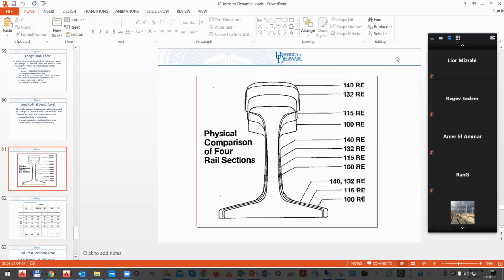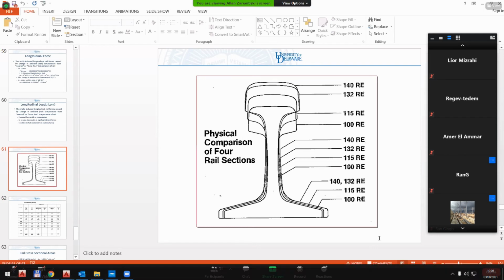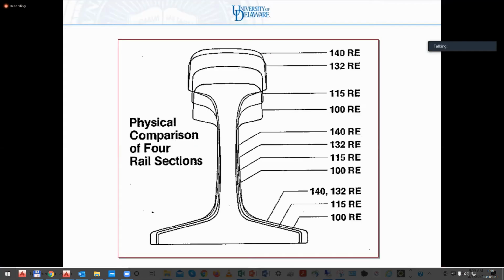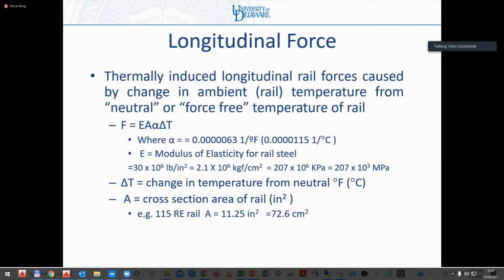By the way, A is the cross-sectional area of the rail. So if I go back here, the equation for the force is E A alpha delta T, where E is the modulus of elasticity of rail steel, A is the cross-sectional area of the rail, alpha is the coefficient of thermal expansion, and delta T is the change in temperature, the difference between the rail temperature and the neutral temperature.